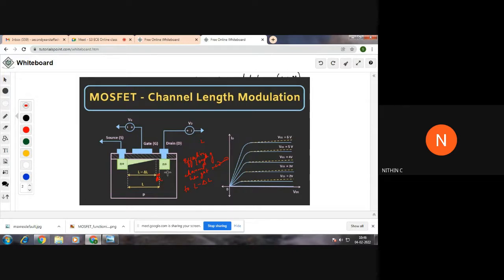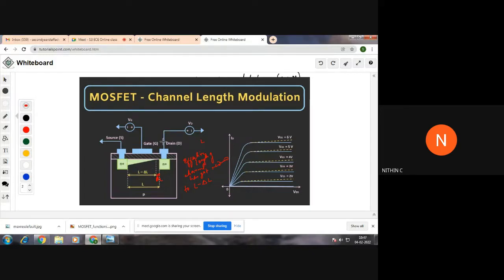Okay, so this is what we call channel length modulation. In a conventional MOSFET, the length L of the channel is very large.